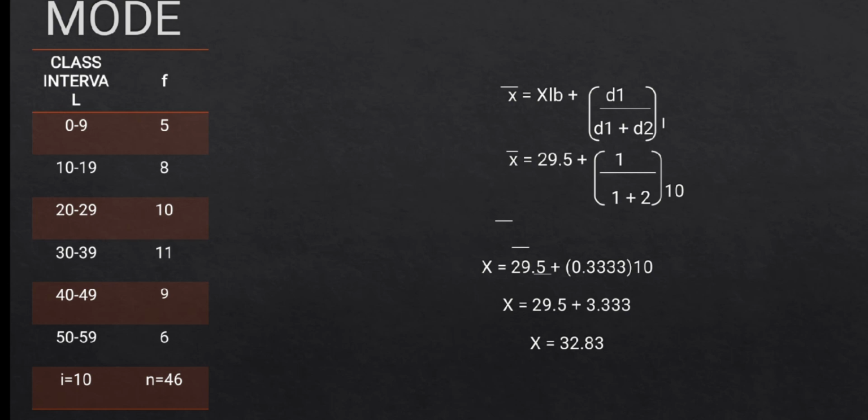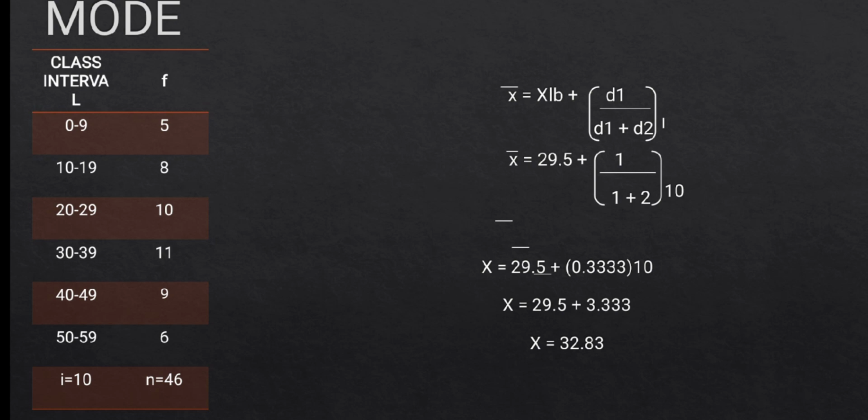We can get its value by using these parts of our table: the class interval and the frequency distribution. This is the formula we are going to use for solving. This time, we are going to start by determining which of these is the modal class. We can do so by looking at which row has the highest frequency.